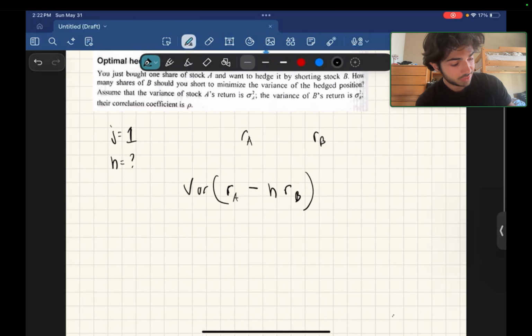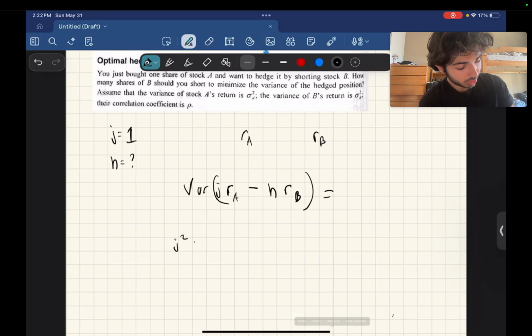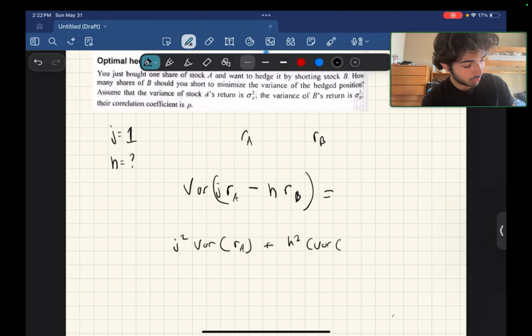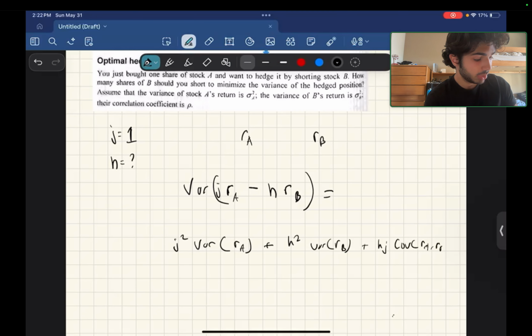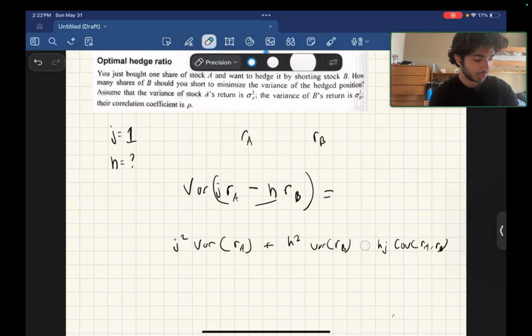The variance would have been, I'll put J for now so we can see, J squared times variance of returns for A, plus H squared times variance of returns for B, plus HJ covariance of returns for A and returns for B. But in this case, our H is negative, so we're going to put a minus sign here.